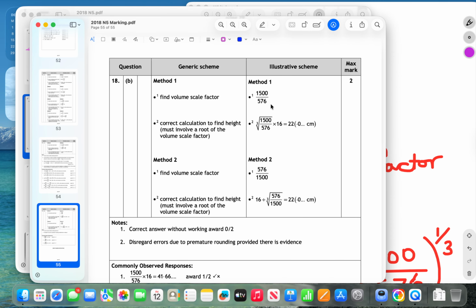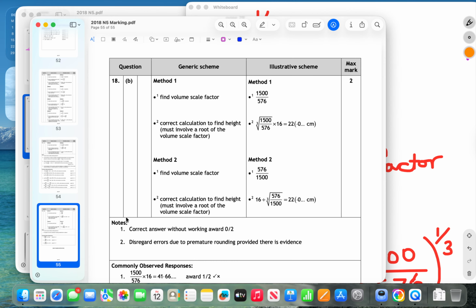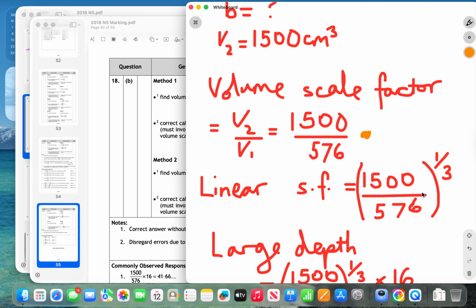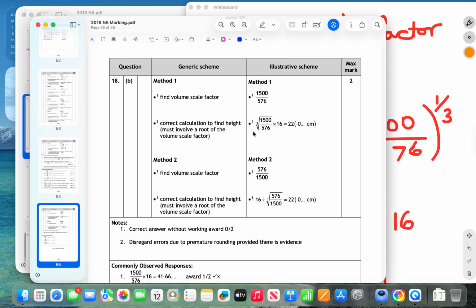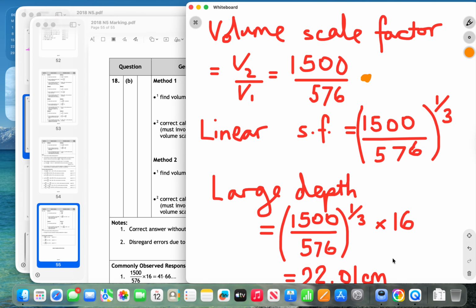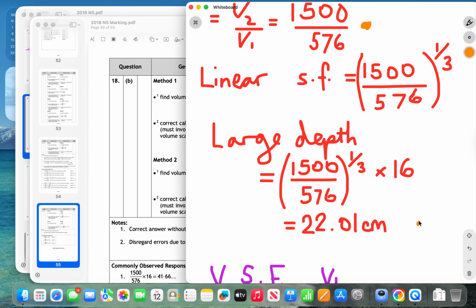So the first would be to find the volume scale factor. So that's the 1,500 over 576. It's a mark. And the next mark would be to find B, which is the large depth. So as I have done, you take the cube root of the volume scale factor multiplied by 16 and you get 22.01 centimetres.